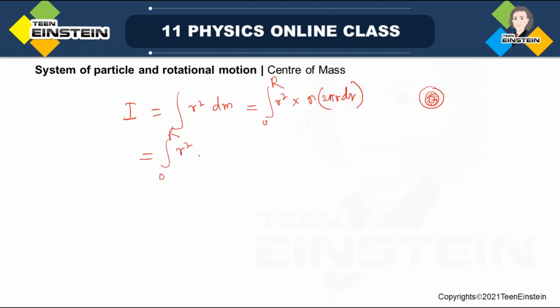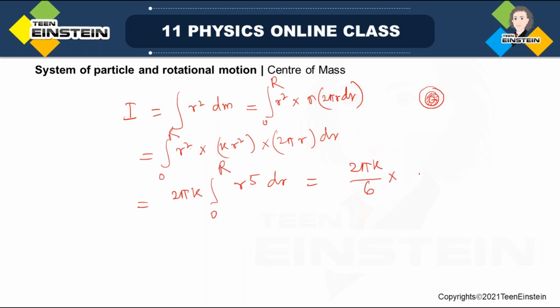See, this is r square into k r square, the value of sigma, and again you have 2 pi r dr. If you do the integration, that will give you 2 pi k, from 0 to capital R, r square times r to the power 4 is r to the power 5 dr. So this would give you 2 pi k by 6 into capital R to the power 6.